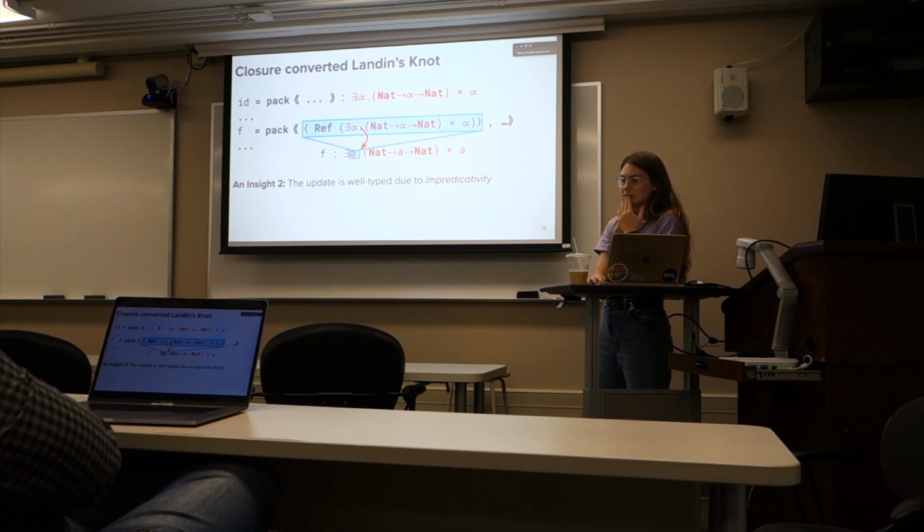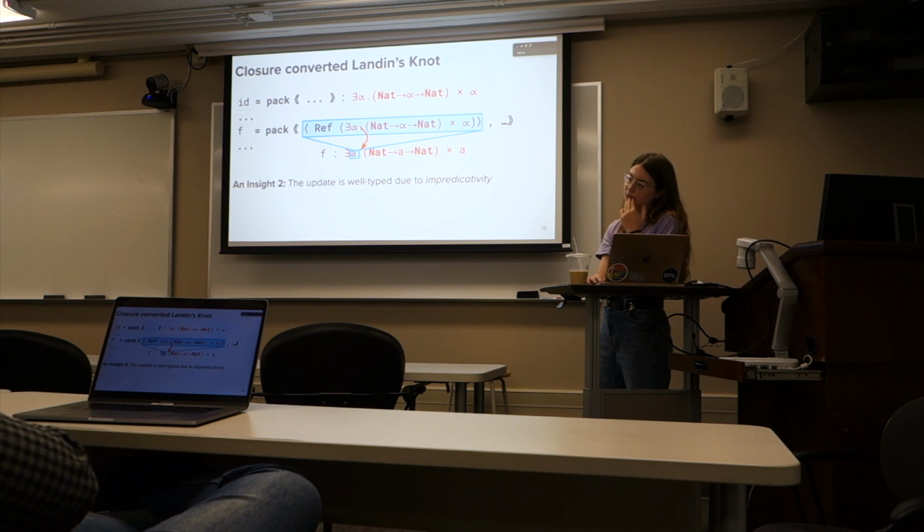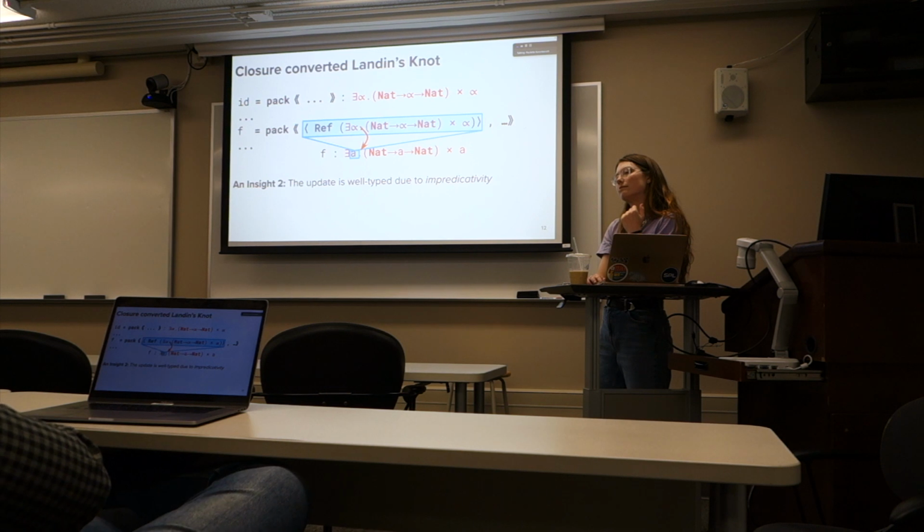Well, no, because you can Church encode non-strictly positive things, can't you? I thought System F was terminating. Yes, and it's predicative. Wait, that's true. Impredicative System F is terminating.